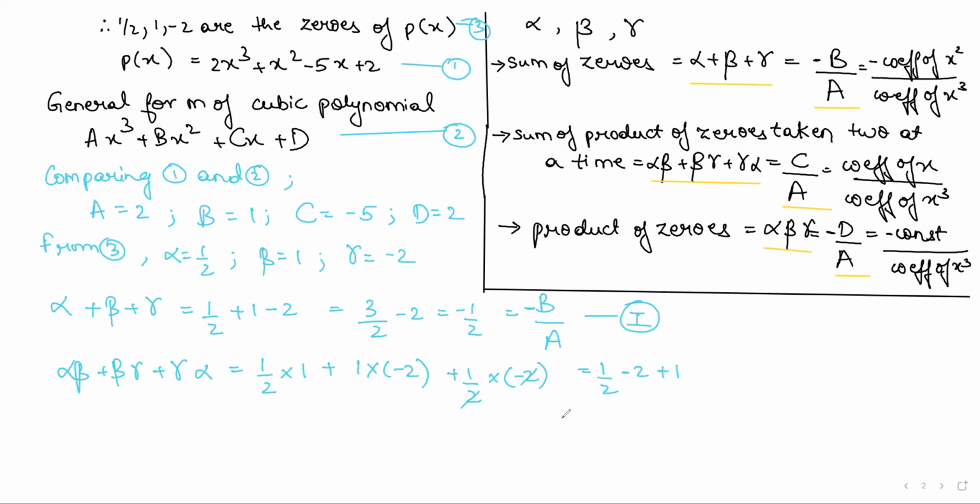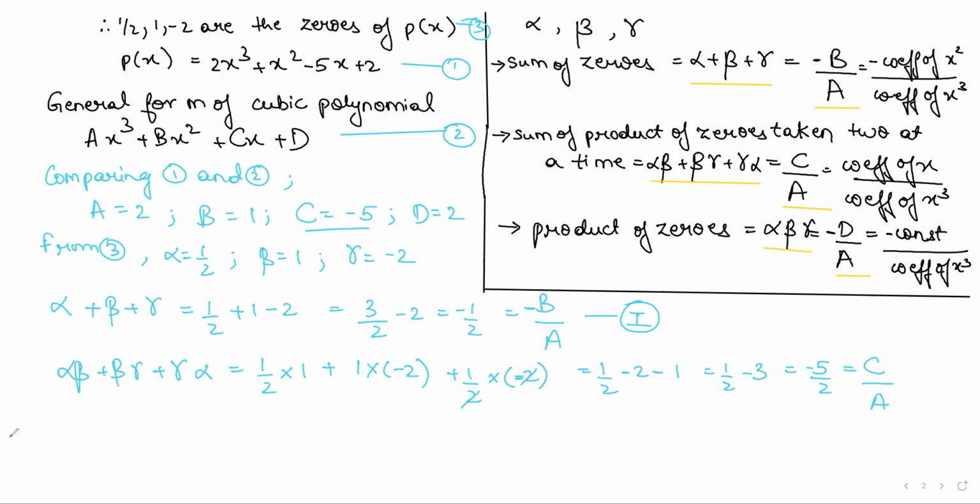What would be this value? Here you should have minus 1 because this minus sign is also there. So this is minus 1. This is 1 by 2 minus 3, which is equal to minus 5 by 2. Now by observation, minus 5 is C. So you can easily write this as C, and 2 is A, which is the required RHS for this second equation.